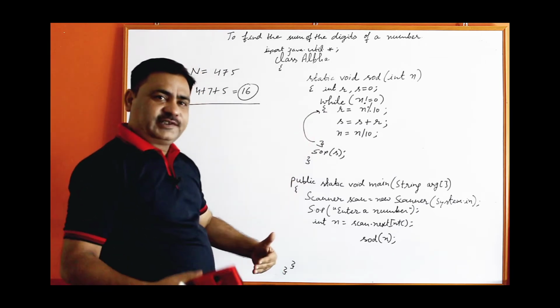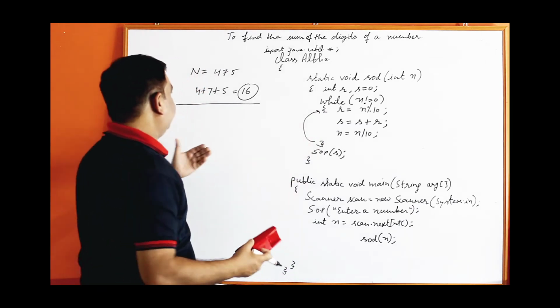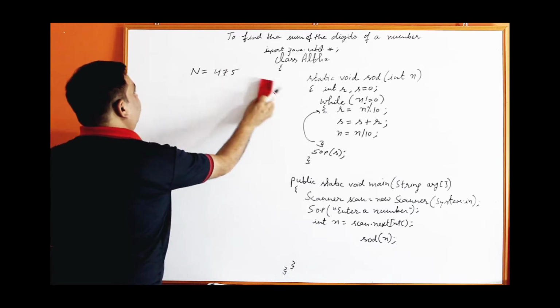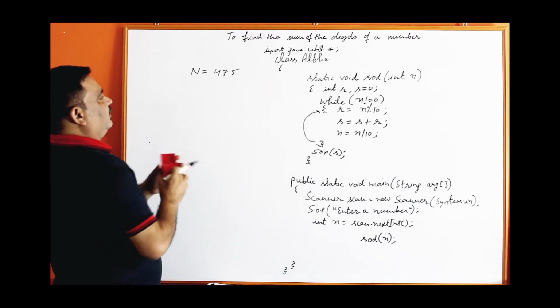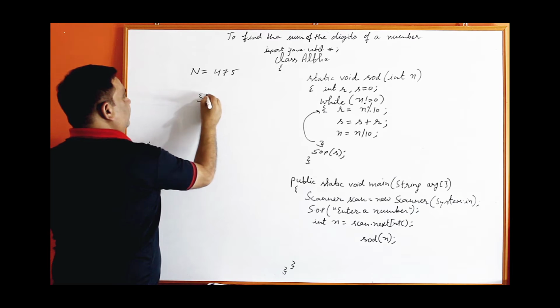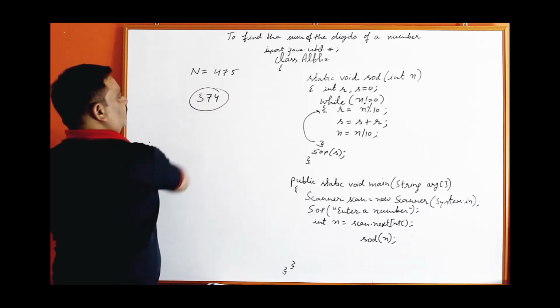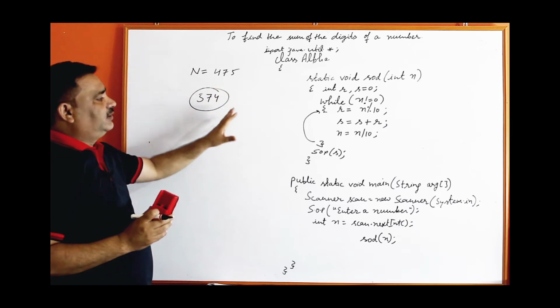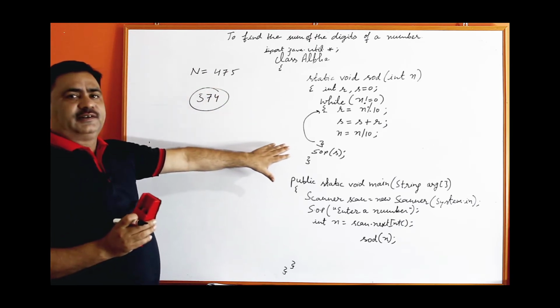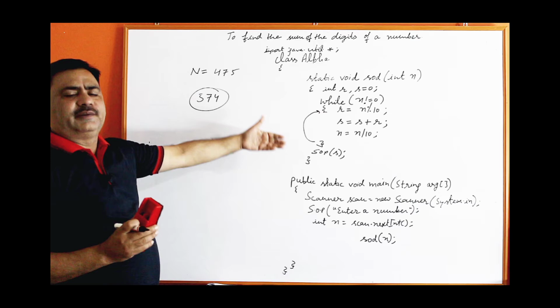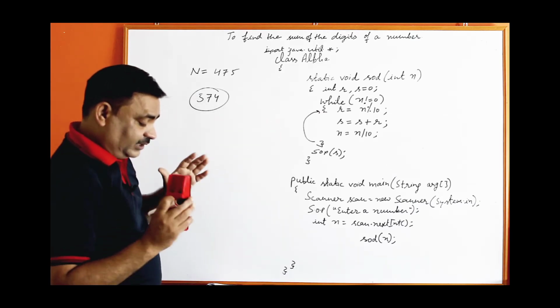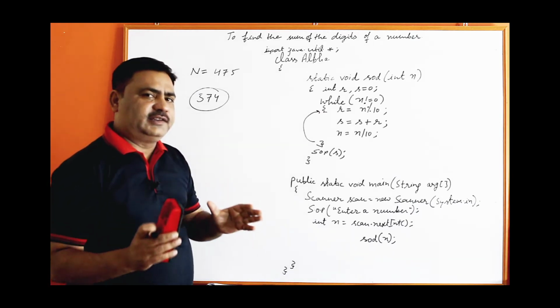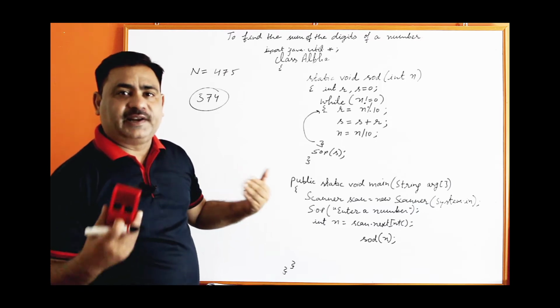Now, let us continue with the same program. This time we have to reverse the number. If the number is 475, the new number should be 574. And once it is reversed, you can either print it or return it, depending on the question. So, the next question is to check whether the input number is a palindrome or not.